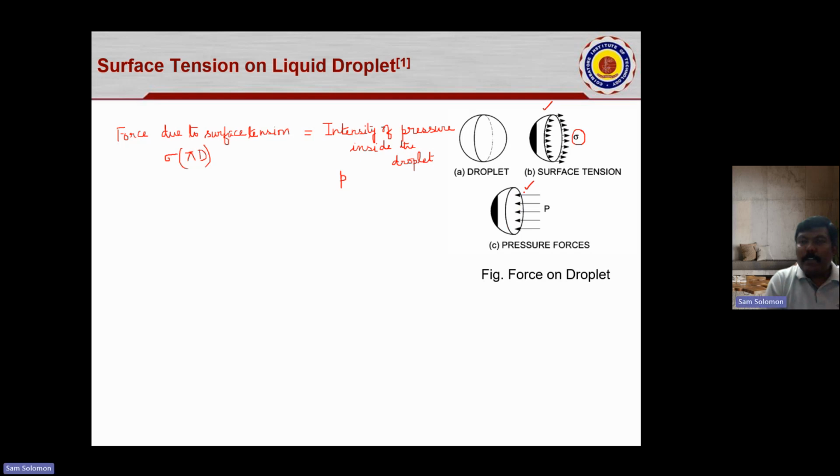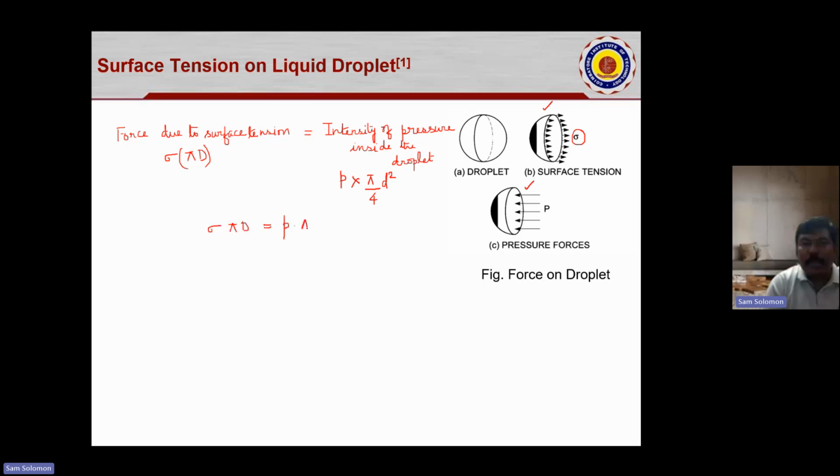area of this particular droplet. So the cross-sectional area of this particular droplet is a circle. So we know that the area of the circle is going to be pi by 4 d square. So these two forces, the intensity of pressure and the force due to surface tension, are equivalent: sigma times pi d has to be equated with pressure times pi by 4 d squared.